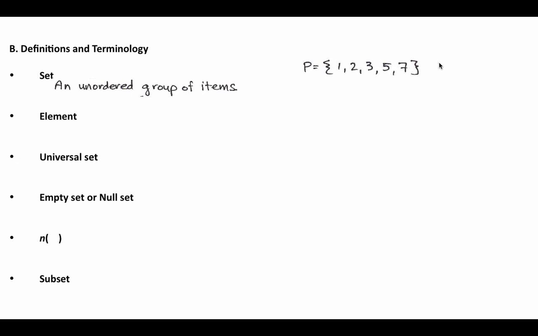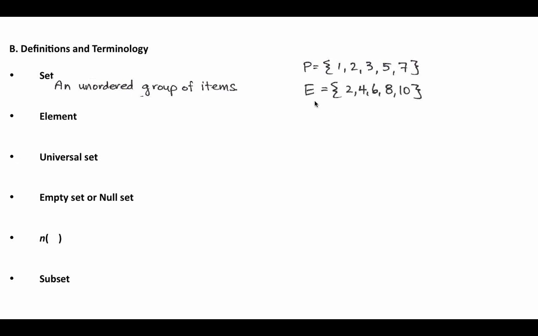You could have 1, 3, 2, 7, 5. It's like a bag of numbers. You don't care what order they're in, just that they're in that bag, as opposed to numbers being laid out in a row. So we've written them in an order, but order doesn't matter inside of a set.